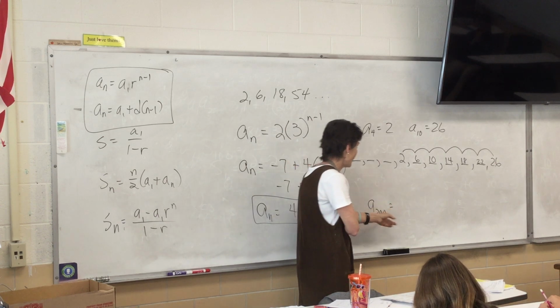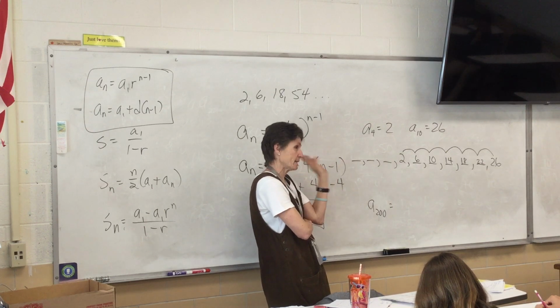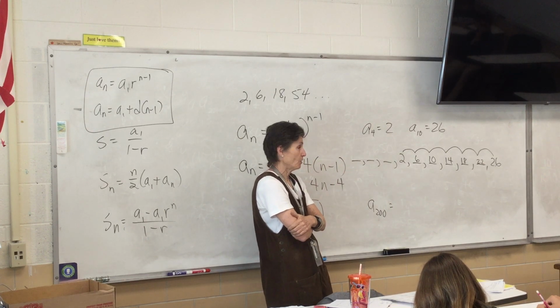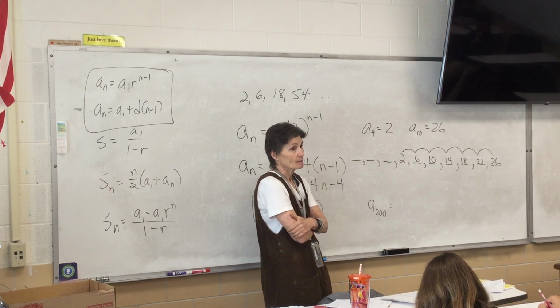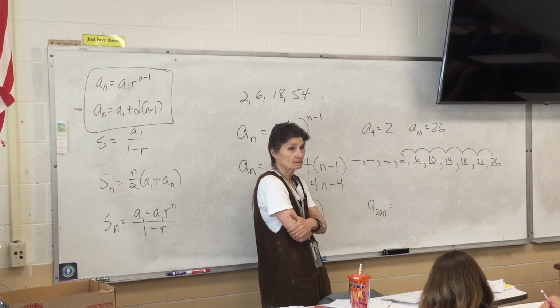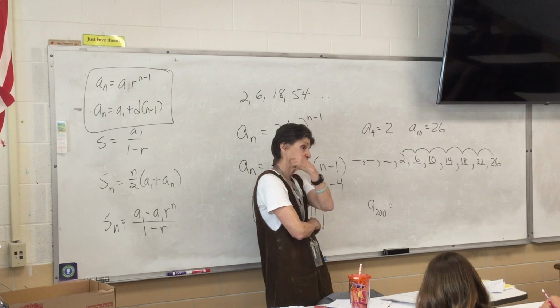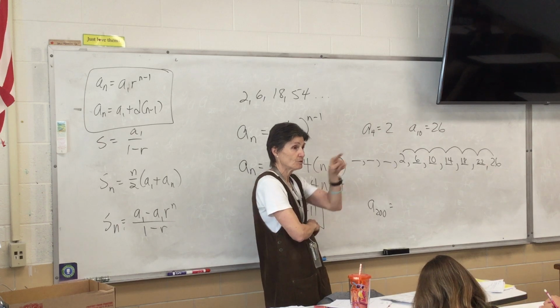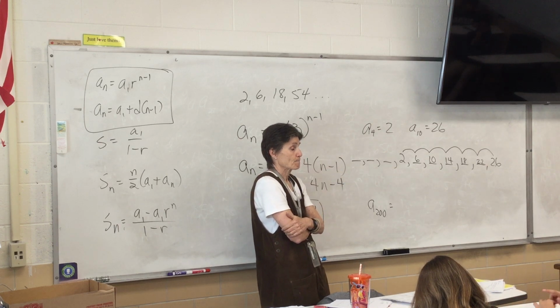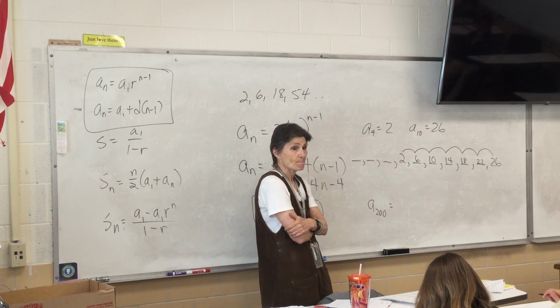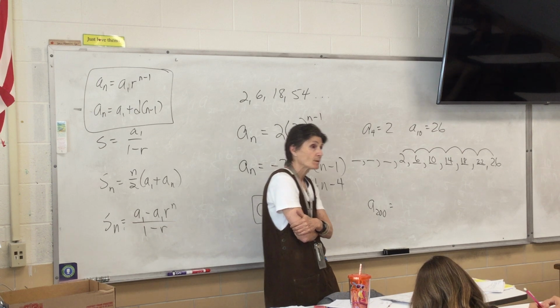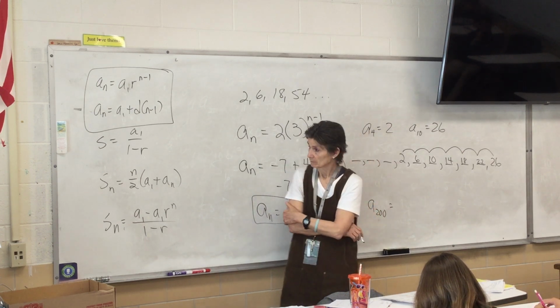How am I going to find the 200th term? I don't really want to keep adding 4 all the way out to 200. Can I use a formula? Which formula would I use up here on the board? 1, 2, 3, 4, or 5? 4.